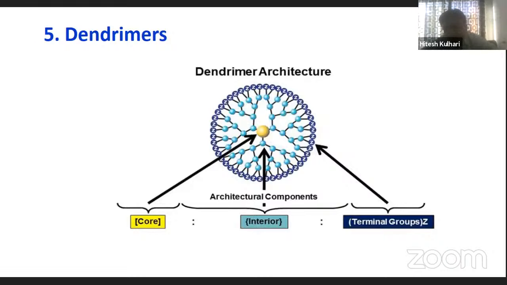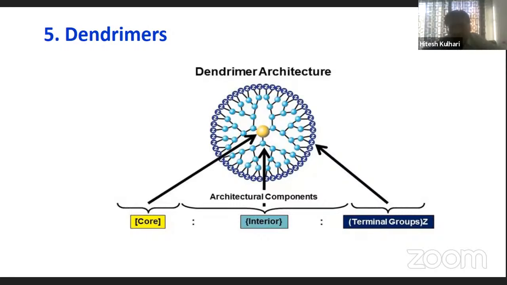Next is the dendrimers. Now, there are two terms: one is nanoparticle, another is nanomaterial. Dendrimers are a type of nanomaterial. A dendrimer is not a material which we have to convert into particles. It is a synthetic molecule. When we start to synthesize this dendrimer, it will automatically form at the nanoscale size. So what is a dendritic structure? Dendrimer is a Greek word which generally means branched structure.